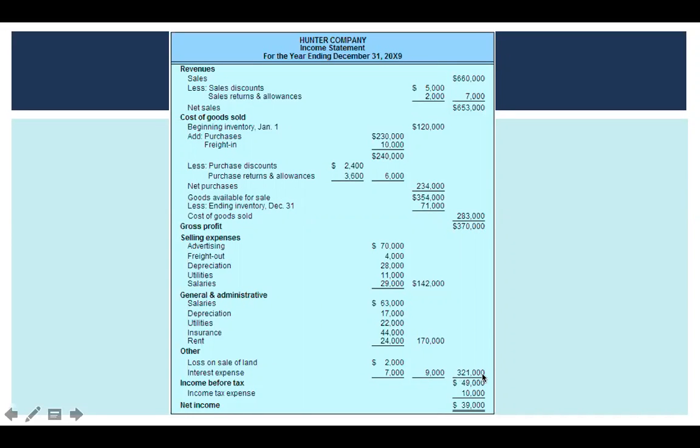We reduce it by our expenses, general and administrative, 321,000. We're left with 49,000. That is a taxable income for this business. We take in what the income tax is for that amount, and we're left with 39,000. So this business's net income is $39,000.